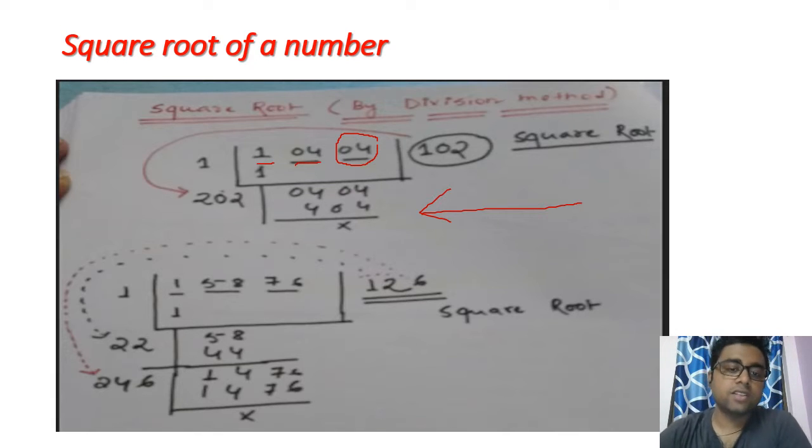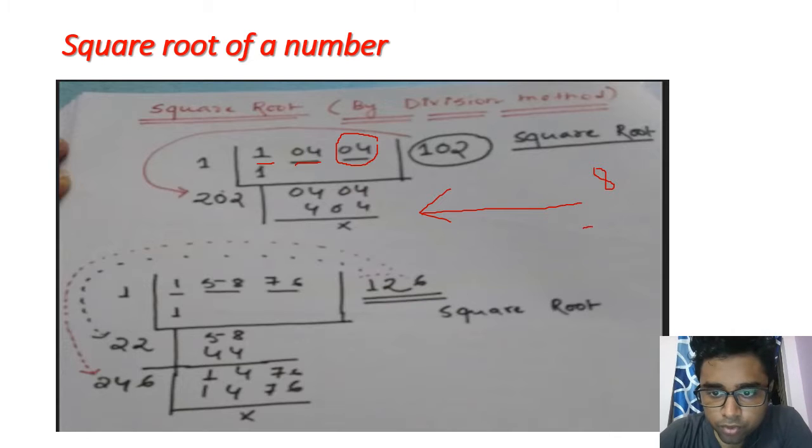Now in the divisor side we have to put some digit, so that if we multiply that digit with the same digit, like if instead of 1 there is 8, then we have to put 2, because 2 cross 2 is 4. Here it is 1, so we are putting 1, so that 1 cross 1 is 1.